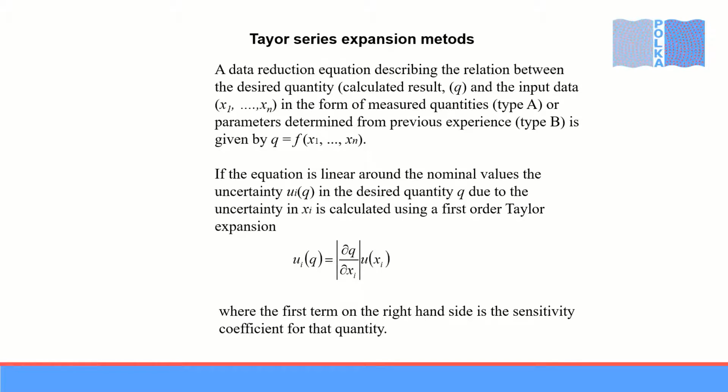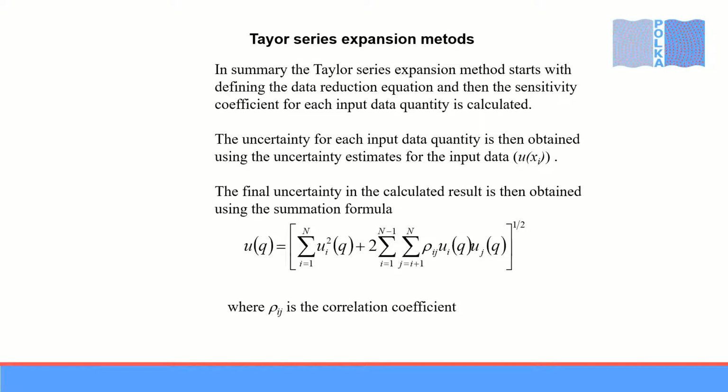Then you get the sensitivity coefficient for each quantity. So you start by defining this equation and then the sensitivity coefficients, and then you obtain the uncertainty for each data quantity, and then you combine them using this technique.